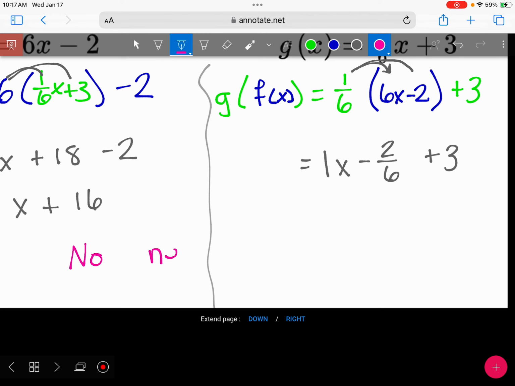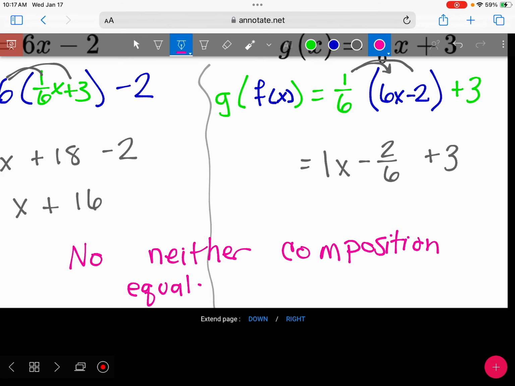No. Neither composition equals x. And in order for them to be inverses, they both have to equal x. So it only takes one to prove that it's not an inverse. It takes both to prove that they are inverses. It's kind of like a concept. It only takes one to say no. Both have to say yes, but it only takes one to say no. No means no. Okay?